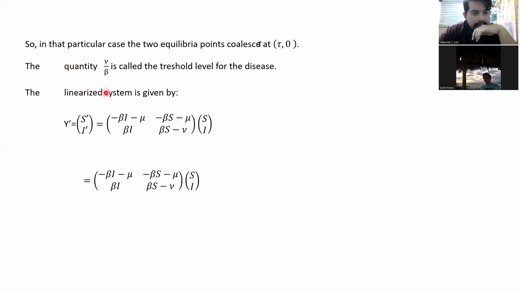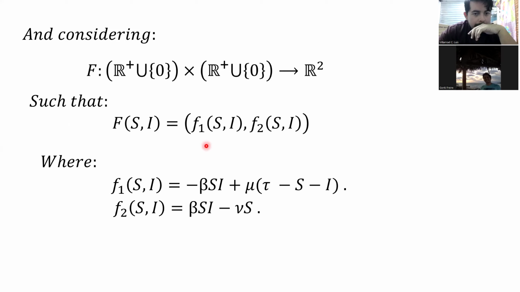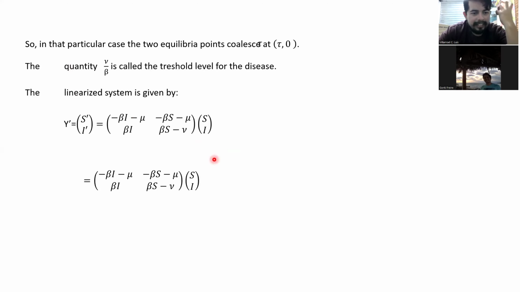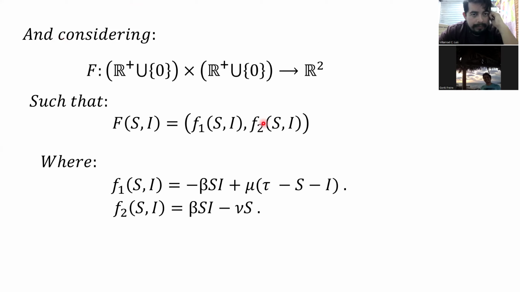And the linearized system is given by this expression. But how do we get this linearized system? Well, we have to consider a vectorial function, a big F, defined on this set times this set to R2, such that F as a vectorial function is equal to two component functions, each one a scalar function.